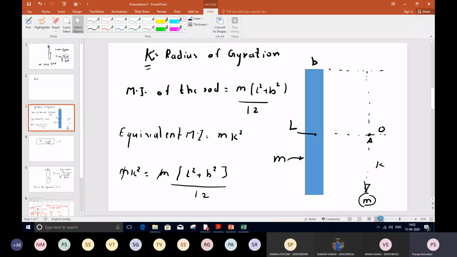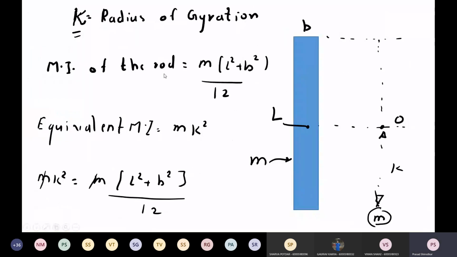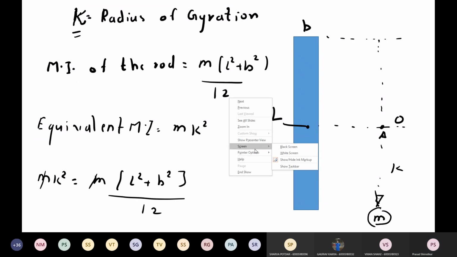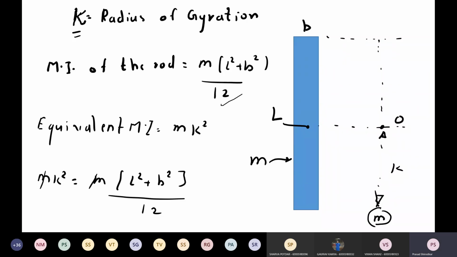All right, so I will just discuss how we get this radius of gyration. MI of the rod is m(L square plus b square) by 12. This is the expression. And equivalent MI will be mk square.